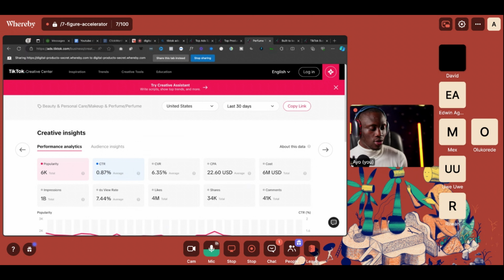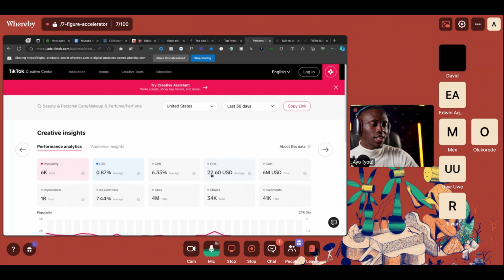Now, get this, it's not every brand that will scale on TikTok. There are brands that will perform exceptionally on Facebook versus TikTok, and brands that will perform exceptionally on YouTube versus TikTok. So you must understand where your audience lies and also understand how to get stuff before them.